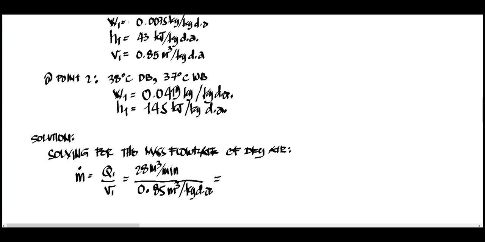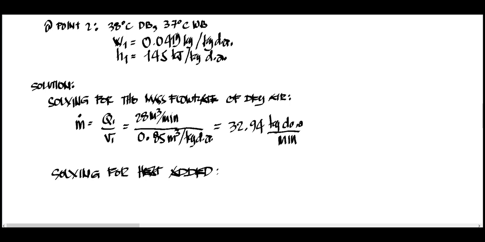And using your calculator, we have 32.94 kilogram of dry air per minute.